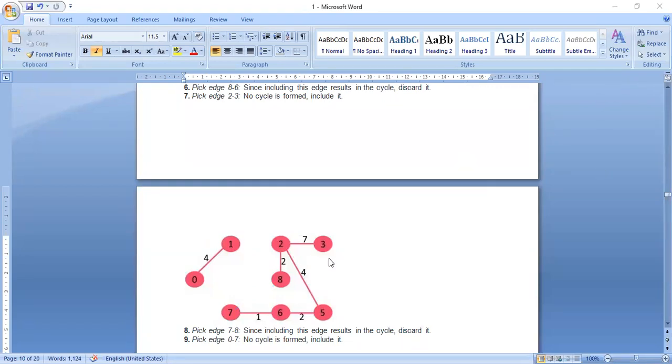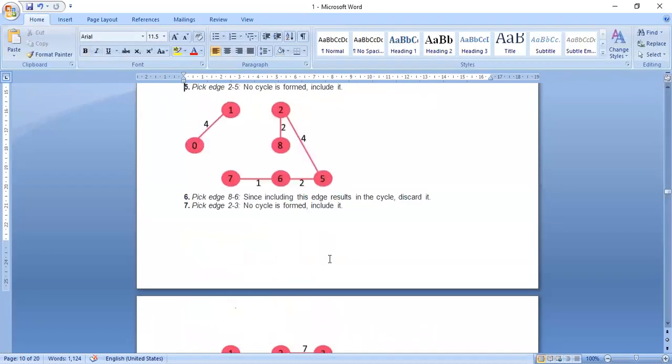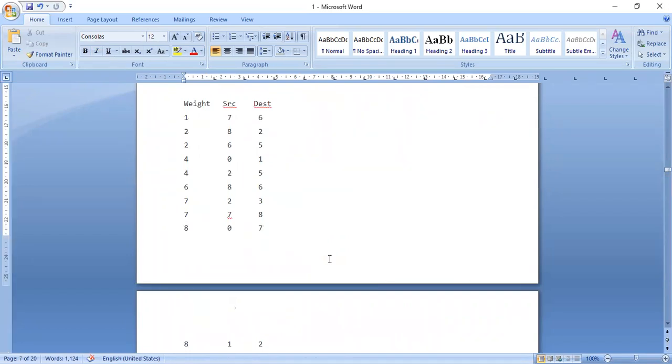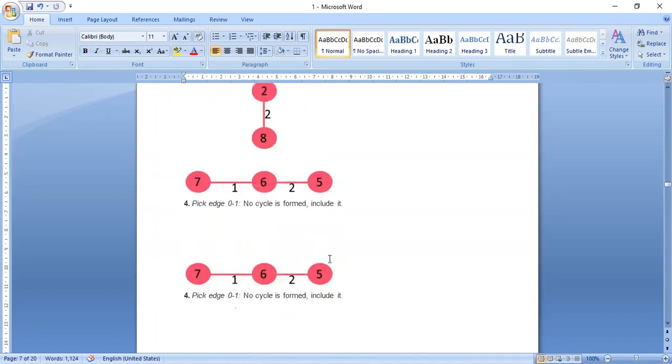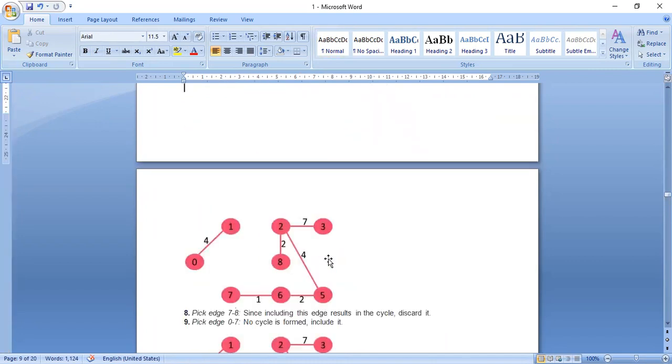Next one. The next edge has weight 8, and its source and destination are 0 to 7. I should add that one.